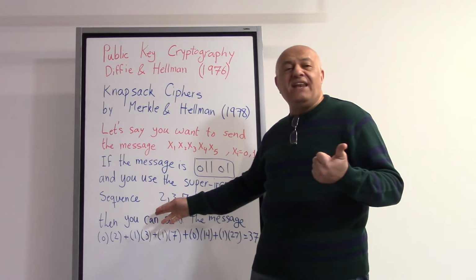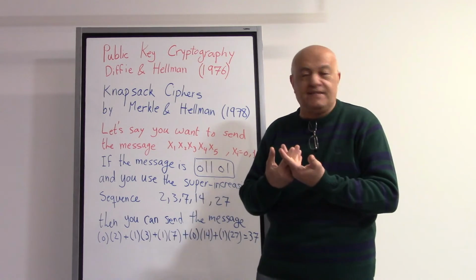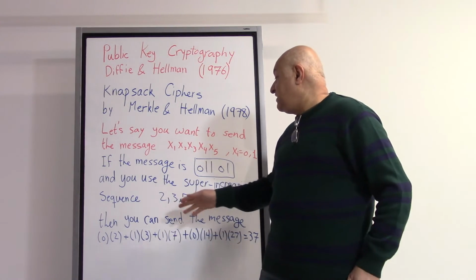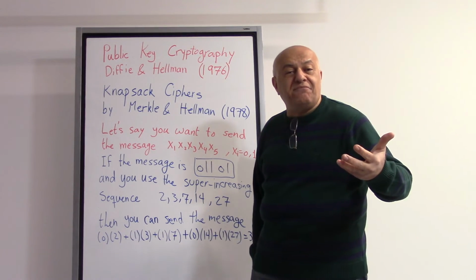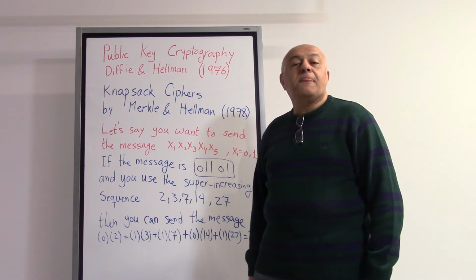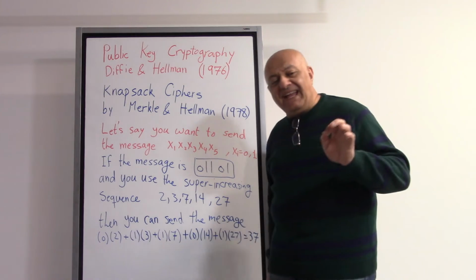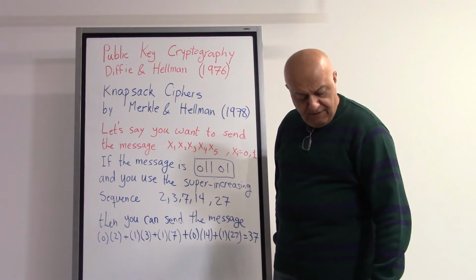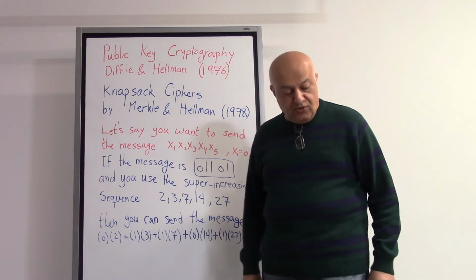Question: is there any way that you change these numbers to another sequence which is not a super increasing sequence, such that if somebody receives that message, it is very hard to decipher that message? For that we need something which is called modular arithmetic.